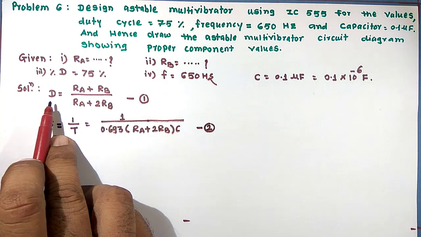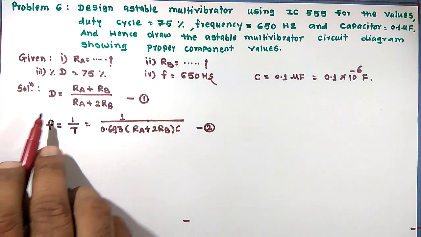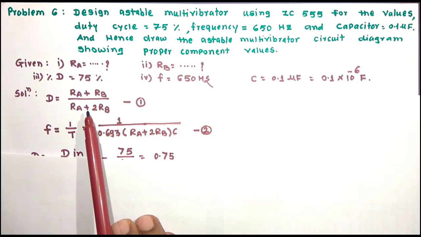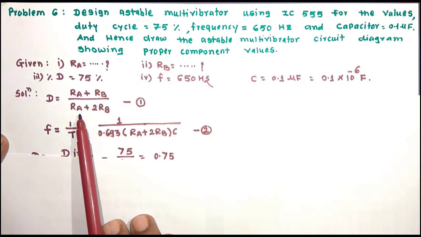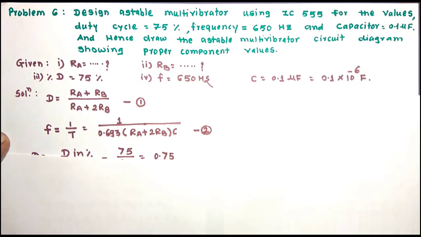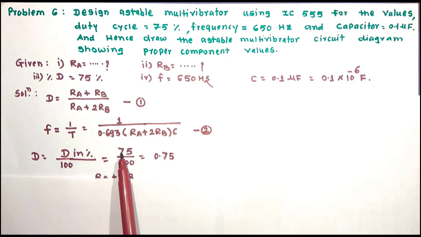First let us substitute value of D. First we use this formula D is equal to RA plus RB divided by RA plus 2RB. So the value of D which is given is in percent, which is 75%.